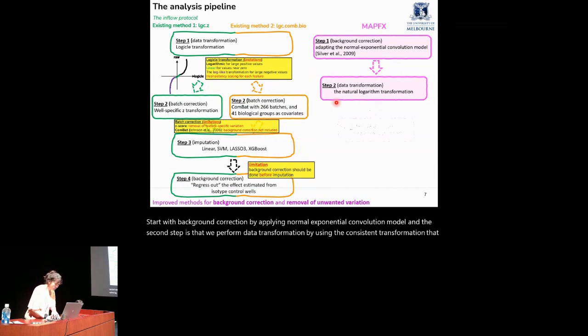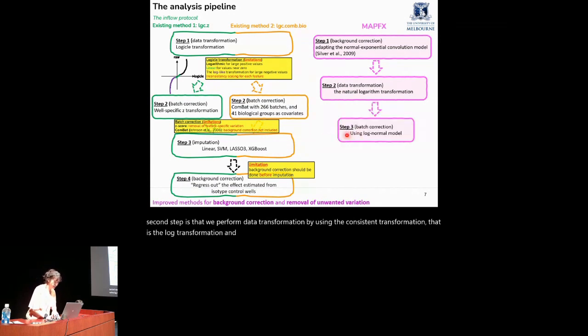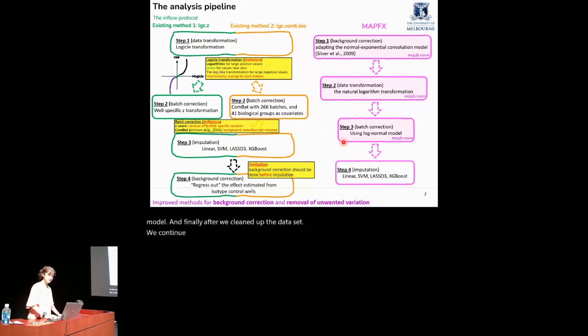Then we perform batch correction by using the log normal model. And finally, after we have cleaned up the data set, we continue with imputation. If anyone is interested in our technical detail, you're welcome to check out our preprint.